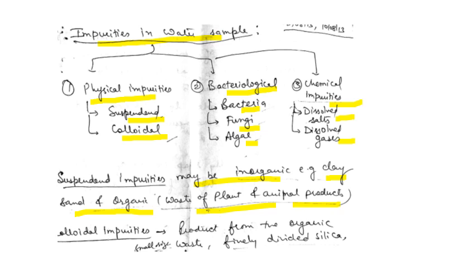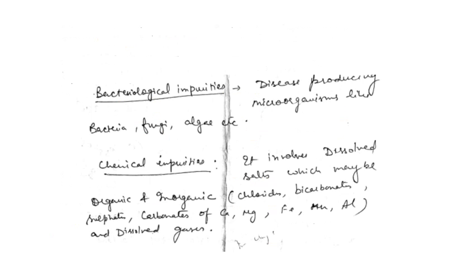The colloidal impurities are products from organic waste, having a fine size, and finely divided silica comes in the category of colloidal impurity. Here we have given some examples.